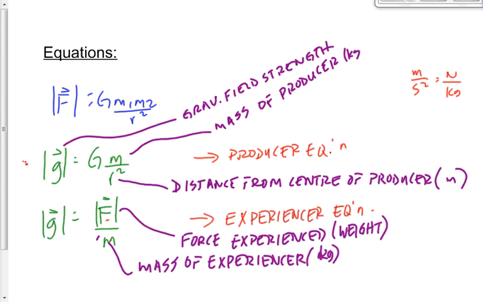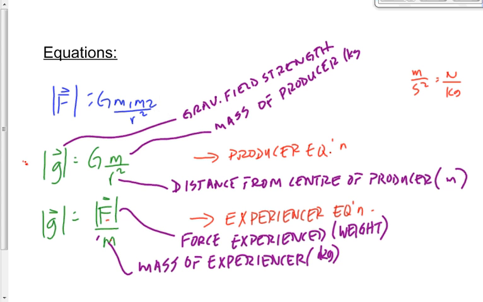Listen, if we already know the value, 9.81, why bother doing this? Why bother doing it if the gravitational field is always 9.81? Because it's not always 9.81. What happens when you go to the top of Mount Everest? It's smaller because you're further from the center of the Earth.